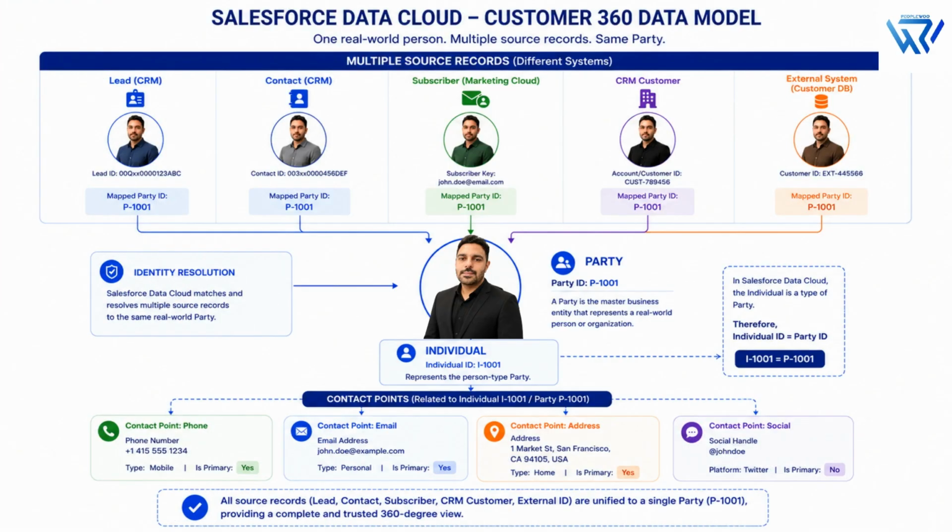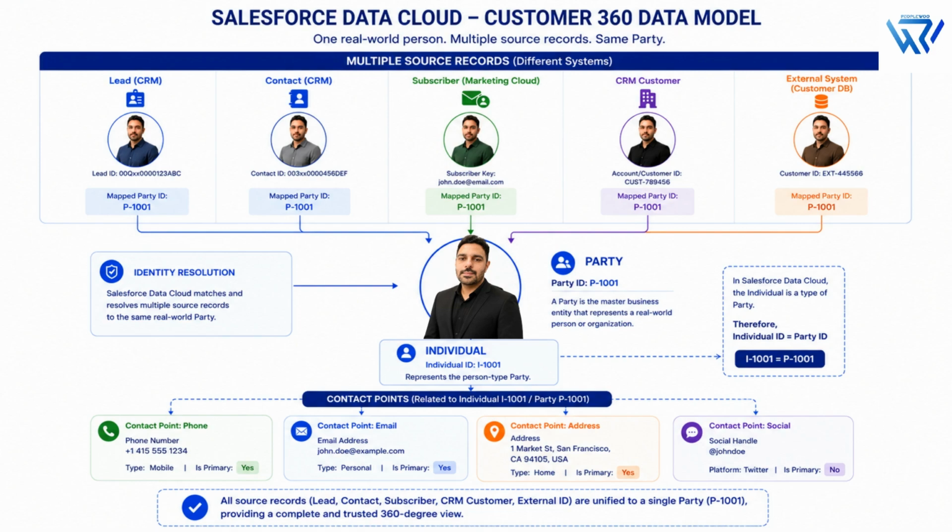Multiple source records such as leads, contacts, subscribers, and external CRM records may represent the same real-world customer and are called individuals within Salesforce Data 360. Salesforce Data 360 uses identity resolution to match these records and create a single party, which serves as the master business entity.